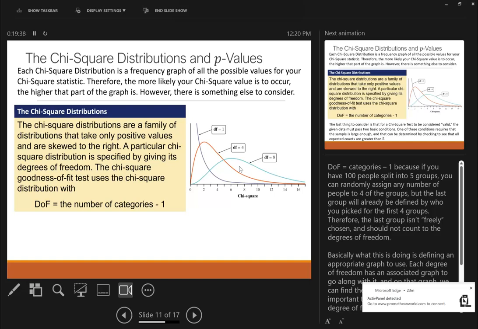So again, the number of degrees of freedom are going to just dictate the shape of that chi-squared distribution, which to you doesn't mean anything because you're never going to be calculating the p-values by hand. The calculator will do that for you. But you may notice if you select the draw option on the chi-squared test that the graph the calculator draws might look different in different problems. That's the only reason why. Everybody good?